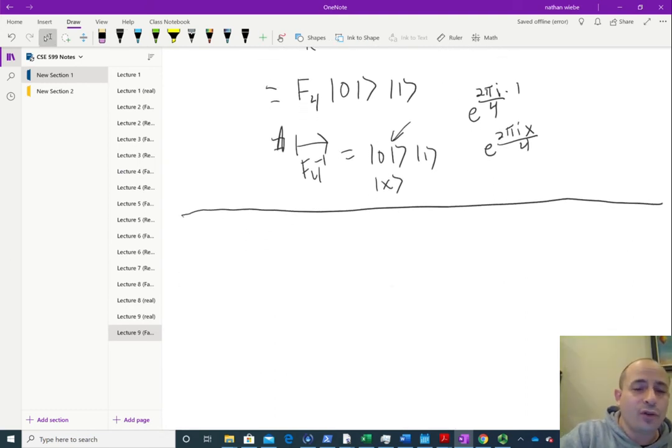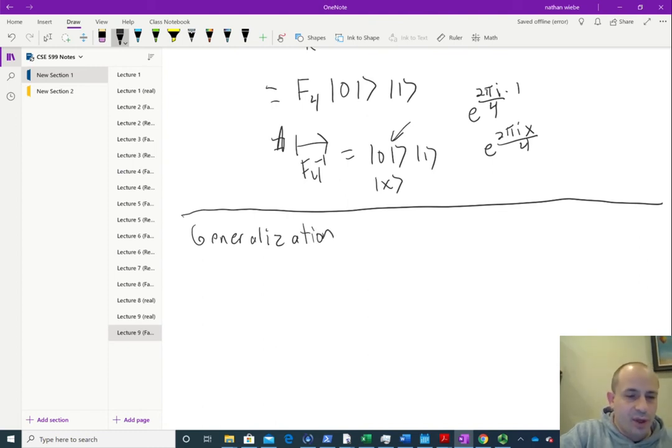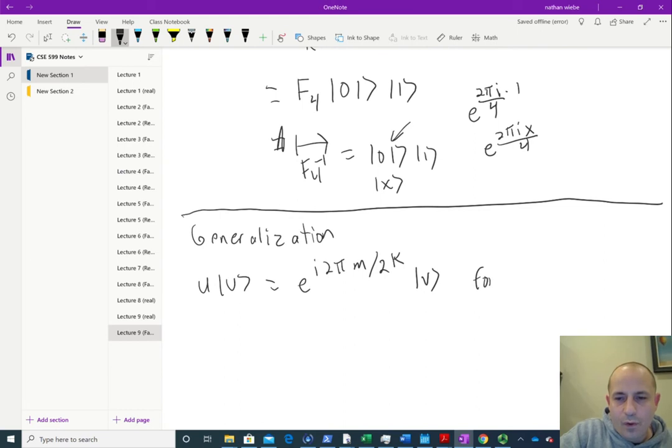So I'm going to assume, this is the generalization of it, that Uv is equal to e to the i 2 pi m divided by 2 to the k, v, for integer m.